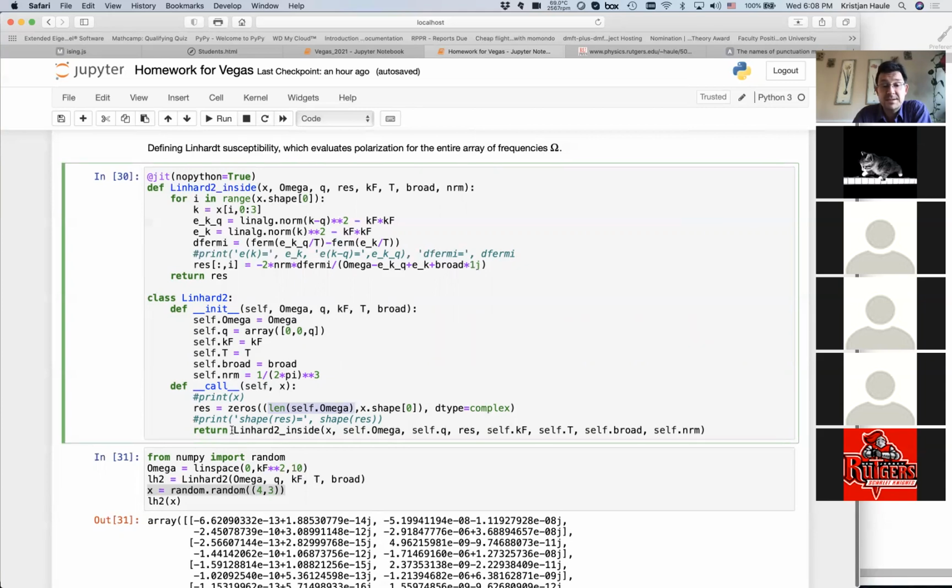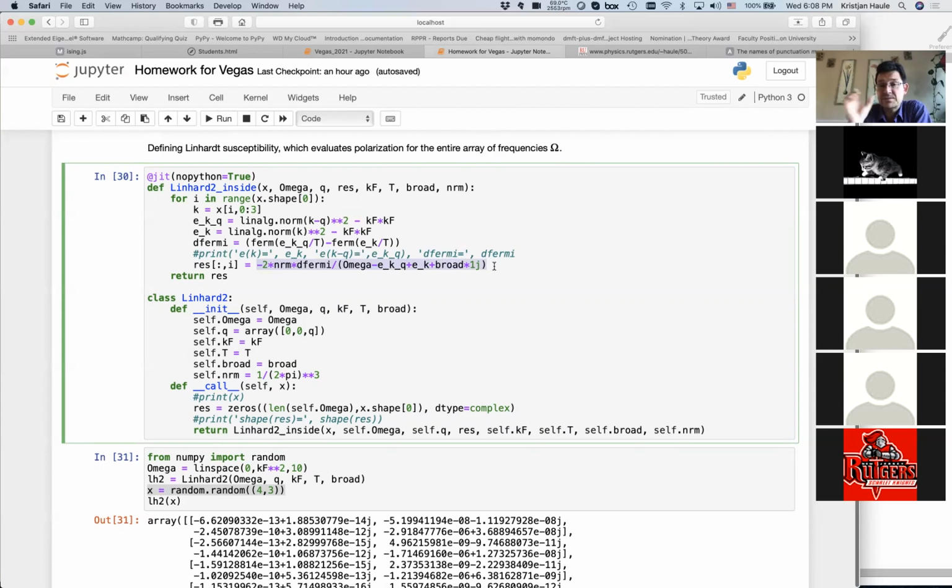And then the Slingheart inside is going to be similarly modified in the sense that we are going to evaluate this function for all frequencies at the same time. So here omega is an array of frequencies, and therefore this quantity is an entire array for all the frequencies.